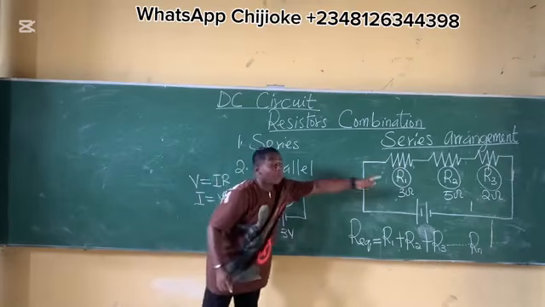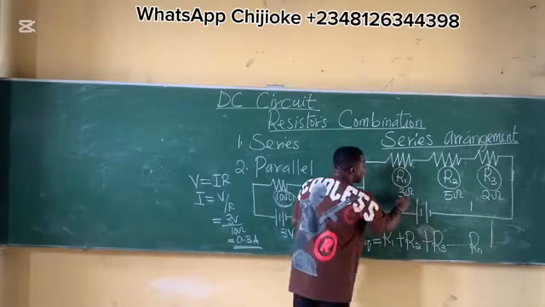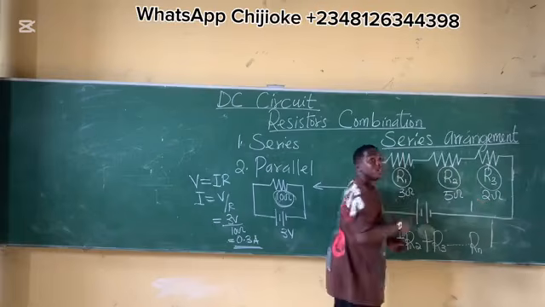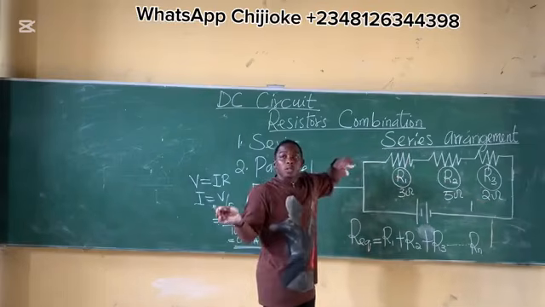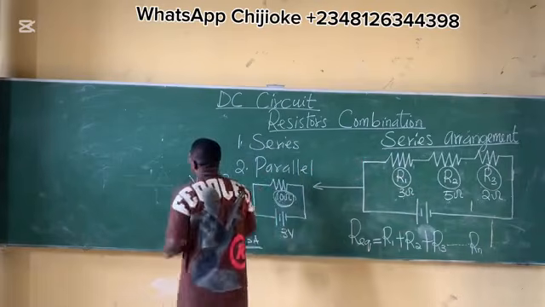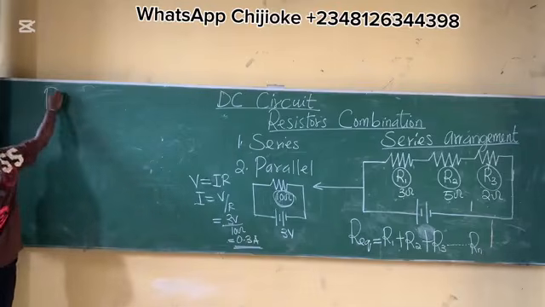Is it not from adding 3, 5, and 2? It means that this 0.3 ampere will be flowing through R1, R2 and R3, because they are in series. Okay, let's look at resistors in parallel. Any question?